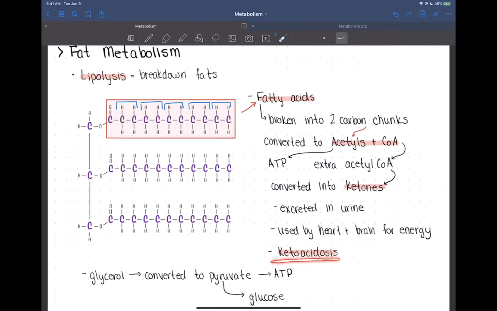All right, so one thing to also consider though is that ketones make the blood acidic. Okay, so if you are burning a lot of fat, a significant amount, essentially you're not getting any carbohydrates at all, you can make a lot of ketones, and that can make your blood very acidic, and that can be extremely dangerous. So this is actually a danger for diabetics. All right, so with diabetics, they have the problem where glucose can't actually get into their cells.